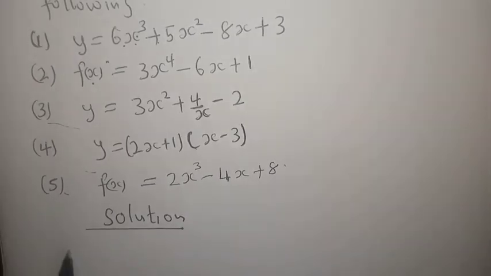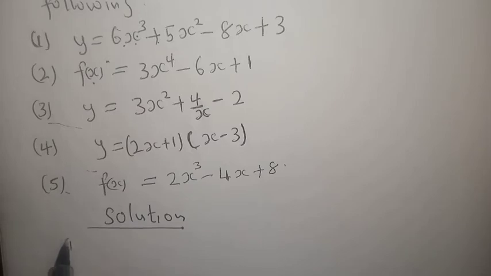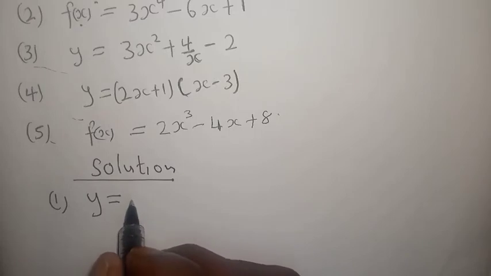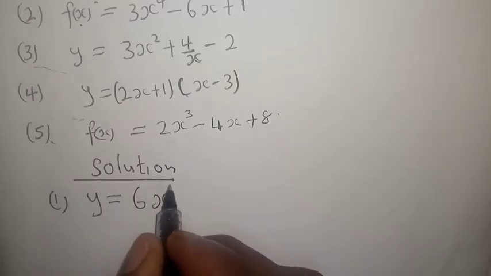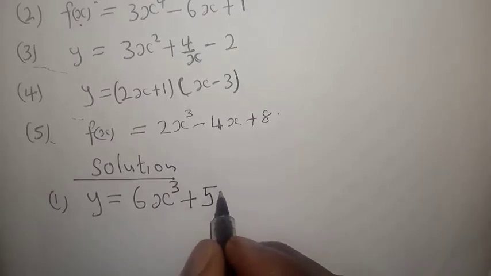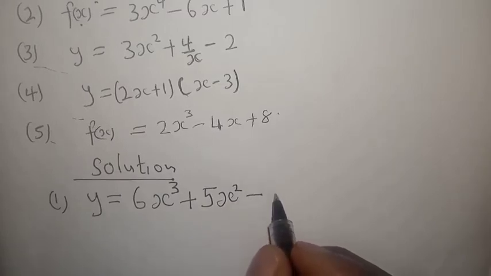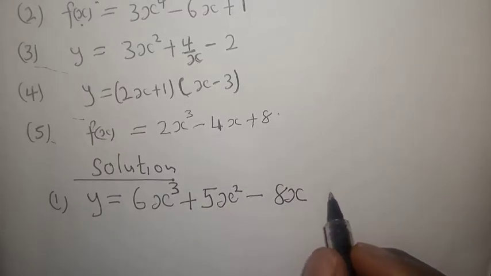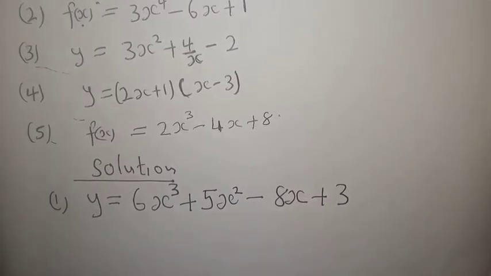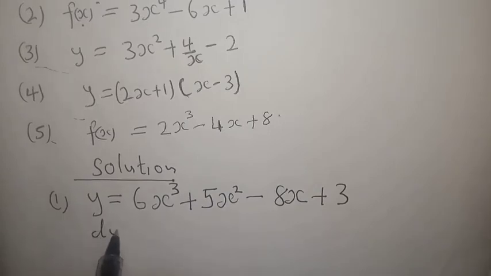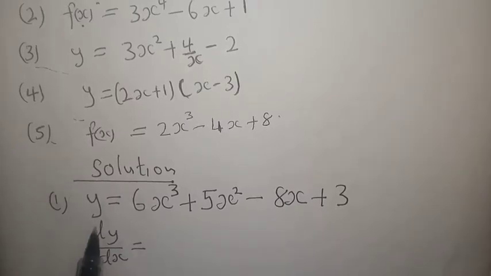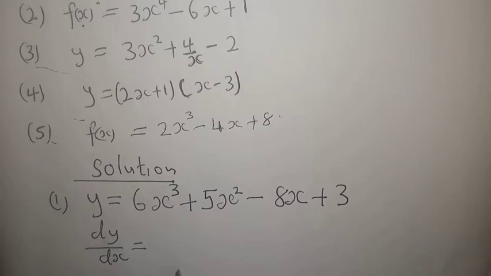Solution. Let's start from the first question. Question number 1. y is equal to 6x raised to power 3 plus 5x squared minus 8x plus 3. Therefore, dy/dx, that is, you are differentiating y with respect to x.